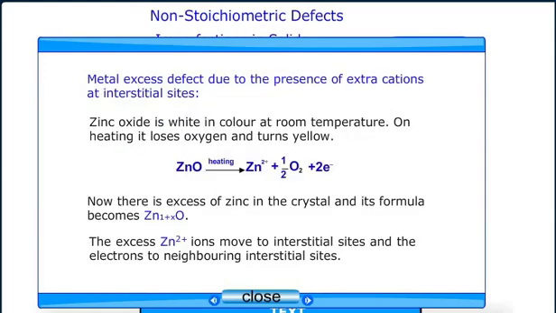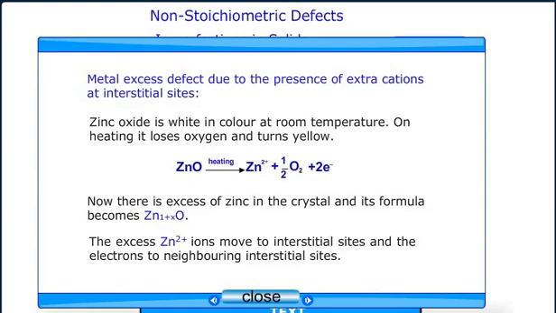Metal excess defect due to the presence of extra cations at interstitial sites. Zinc oxide is white in color at room temperature. On heating, it loses oxygen and turns yellow. The reaction taking place is ZnO on heating gives Zn2+ plus 1/2 O2 plus 2 electrons.